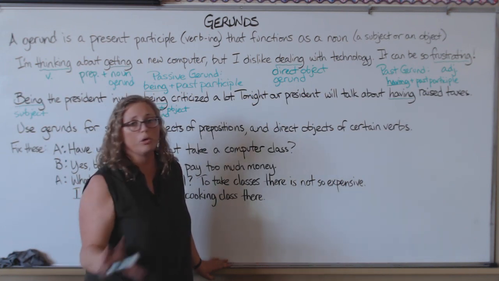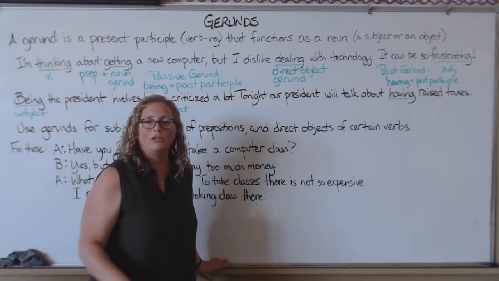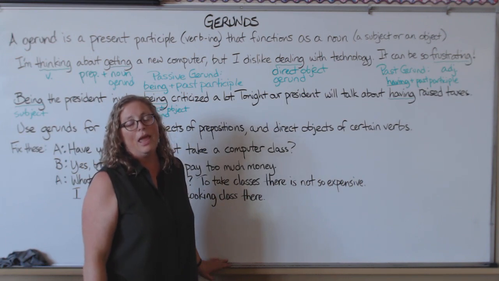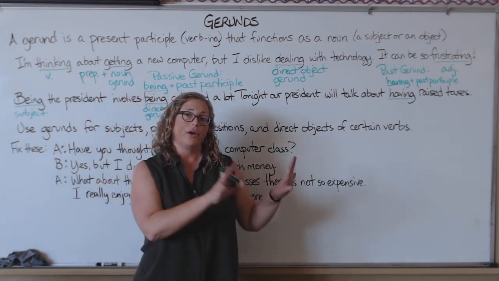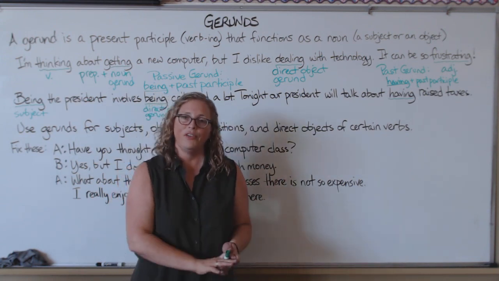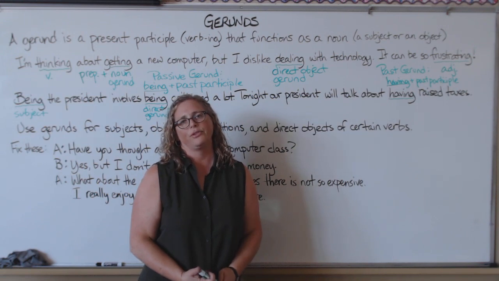There's a whole group of verbs in English that takes a gerund. It means it has a gerund come after it. And then there is another group of verbs in English that takes an infinitive. It needs to have an infinitive after it.